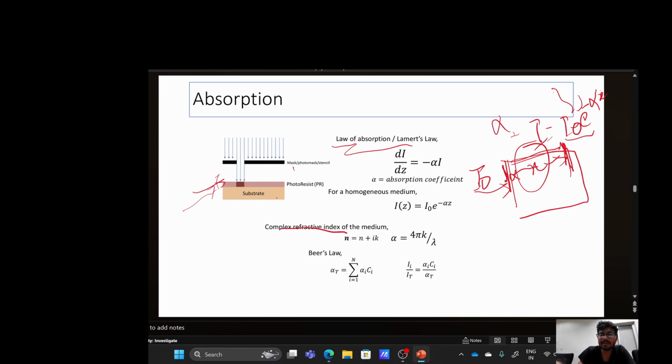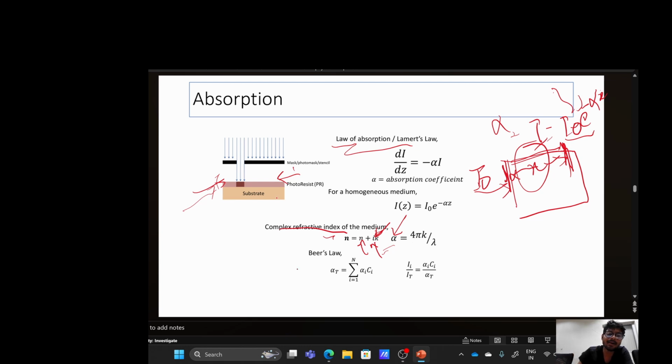The photoresist has a refractive index, which is a complex number: N = n + ik. The k, the imaginary part of the refractive index, determines the absorption coefficient: alpha = 4 pi k by lambda.